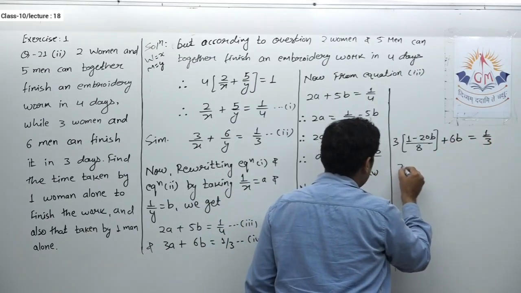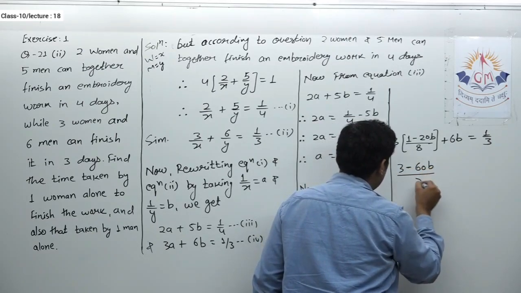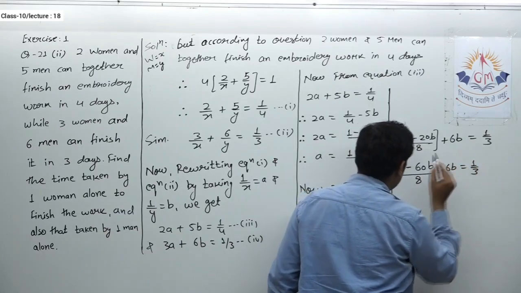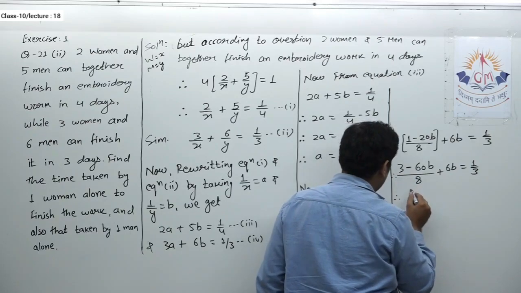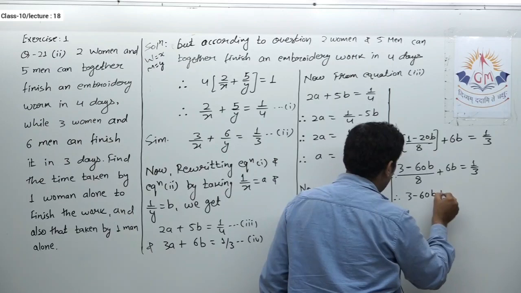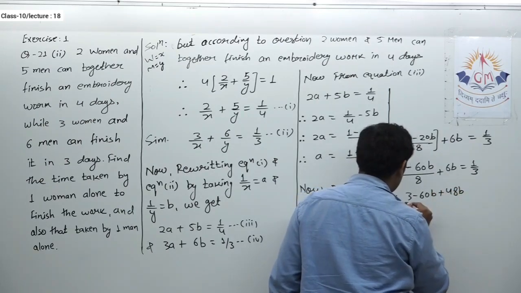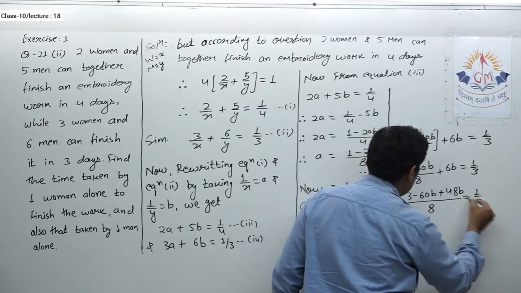So this gives me 3 minus 60b upon 8 plus 6b is equal to 1 upon 3. So further here I can write 3 minus 60b plus 48b upon 8 is equal to 1 upon 3.